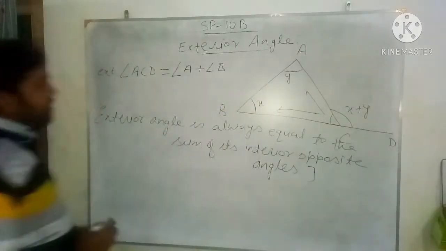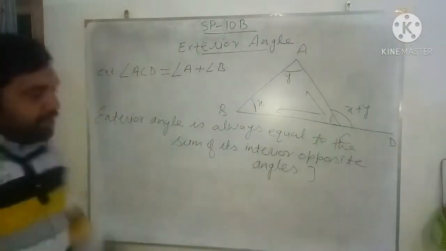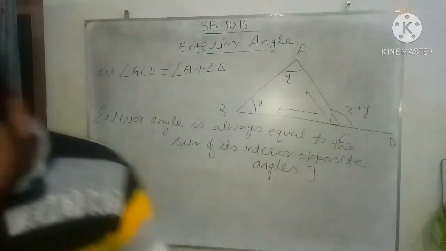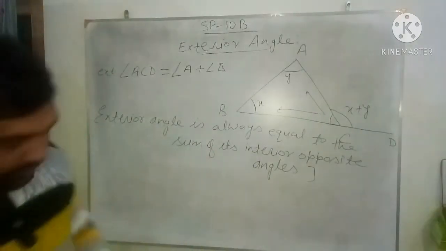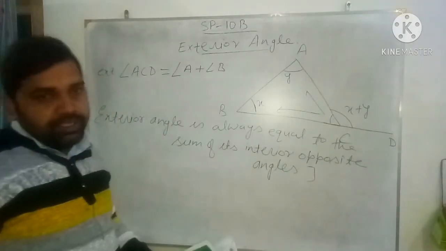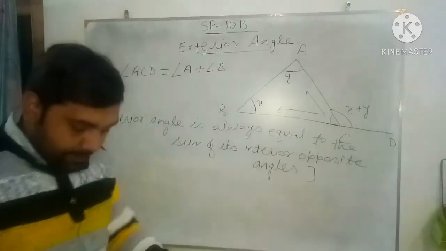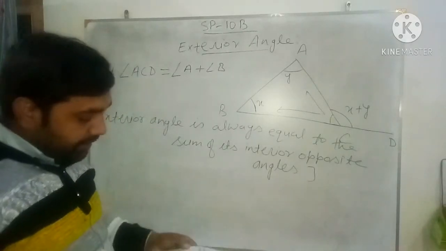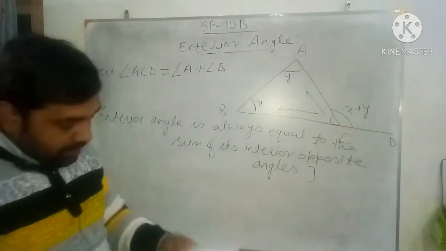So in this exercise of practice 10B, we are going to use this property of the triangle, that is the exterior angle property of a triangle. So the measure of an exterior angle of a triangle is equal to the sum of the measures of its interior opposite angles. So see the first question of 10B.